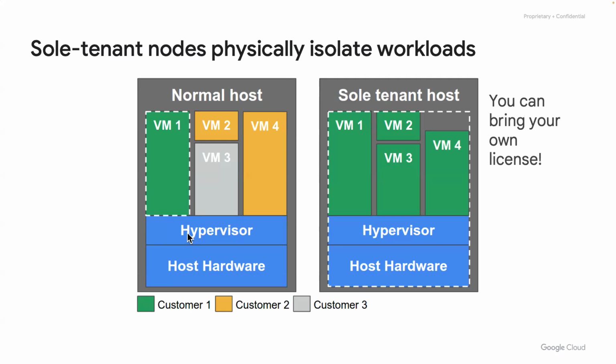Okay. So there are two reasons you need to host all your virtual machines on the same hardware. One is for some performance critical workloads. Imagine one VM is communicating with another VM. Maybe this VM is getting some data from VM4. If these two are hosted on two different hardware, there is a latency issue, right?